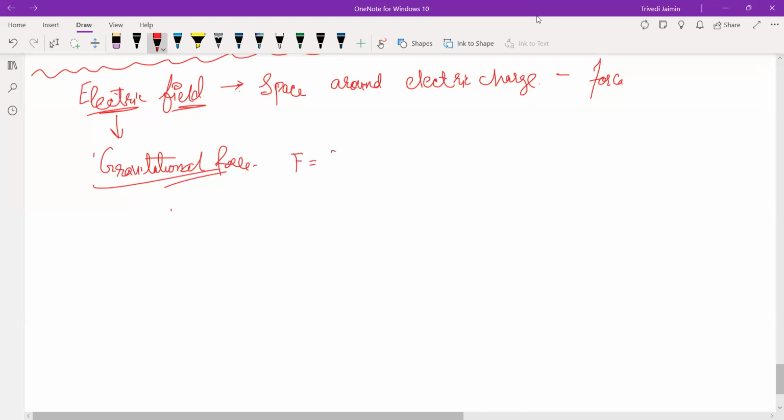G into M1 M2 upon R square. Electrostatic force F equals K Q1 Q2 by R square.